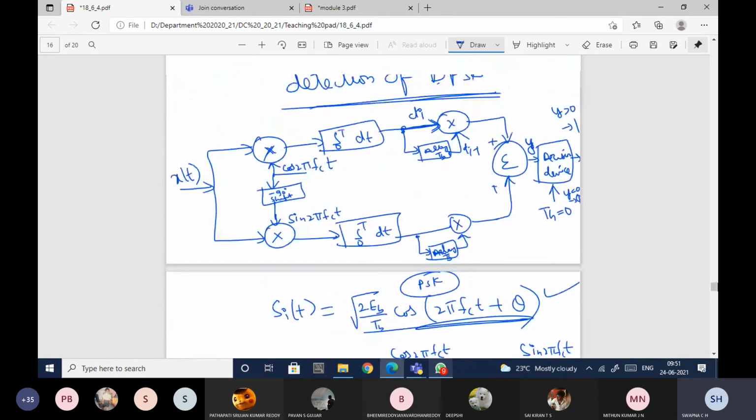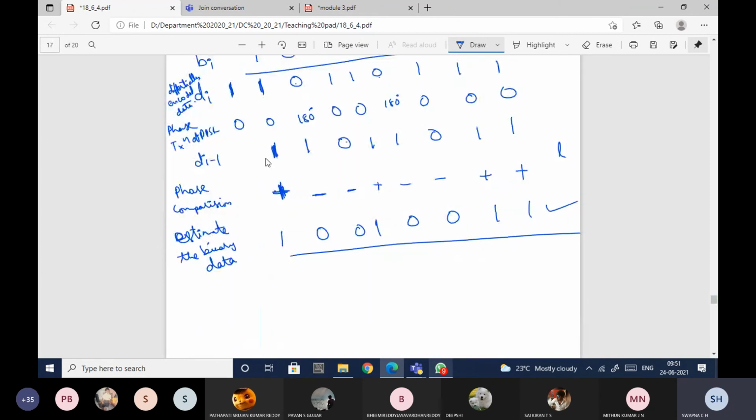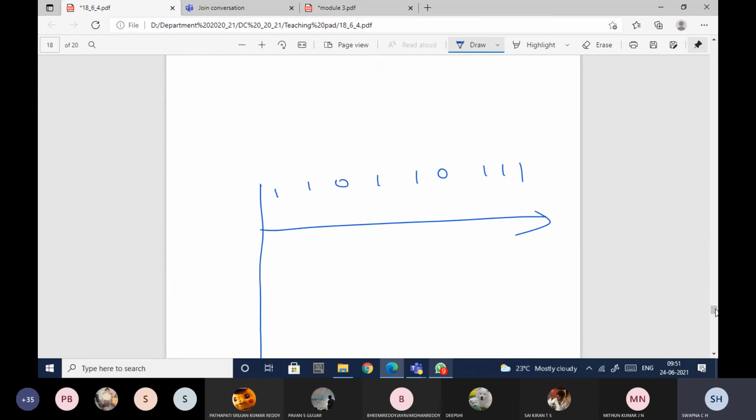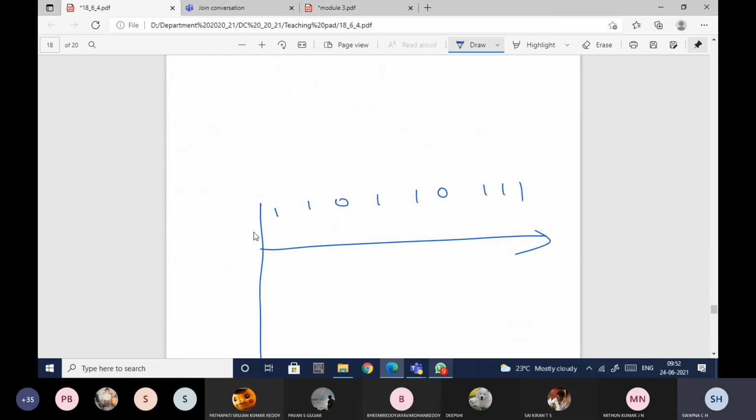This is the di value. Based on these di bits only, I'll get my DPSK signal.